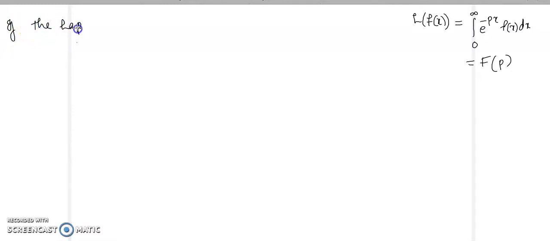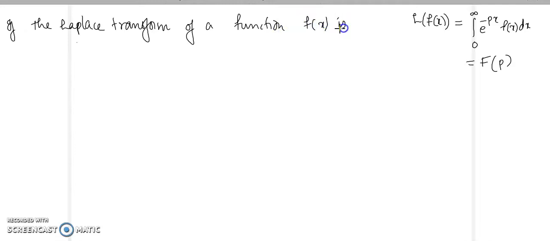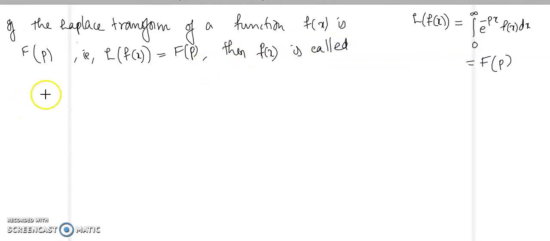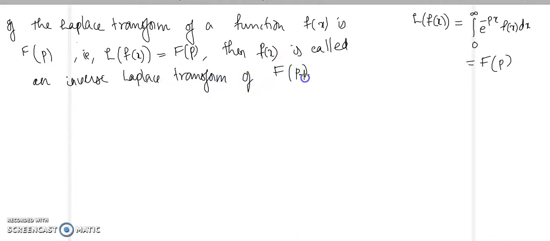the Laplace transform of a function f of x is capital F of p, that is you have L of f of x equal to F of p, then f of x is called an inverse Laplace transform of capital F of p, and we write it as L inverse of F of p is equal to f of x.